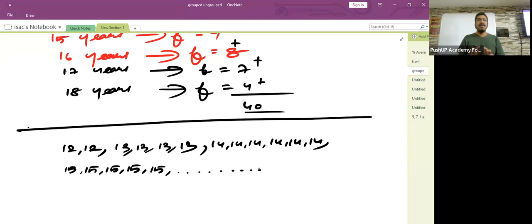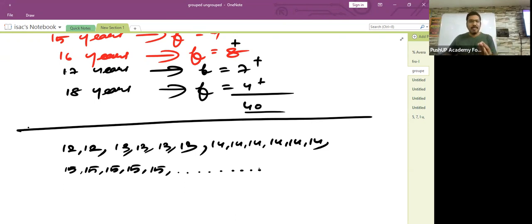Are you getting it, children? Just to kill the boredom. They created a simpler way of representing the data with their corresponding frequencies in a tabulated form.